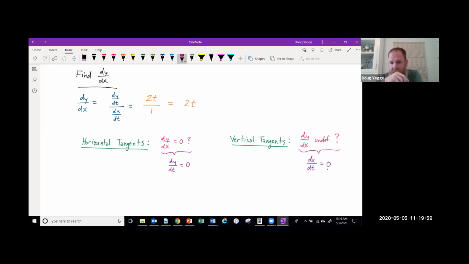Normally that would happen when you have common factors between dy/dt and dx/dt. And if you do, then that would mean there is a removable discontinuity, so there would be a hole. Either way, the derivative is undefined. So anytime dx/dt is equal to 0, it's undefined. They just may not always be vertical tangents if that function is undefined at that t value.